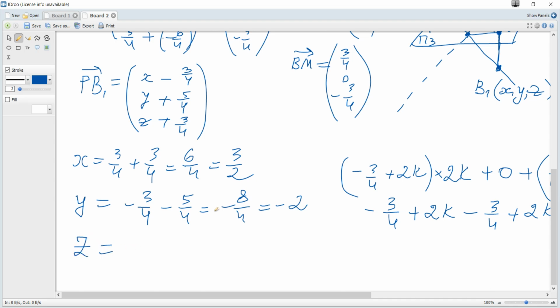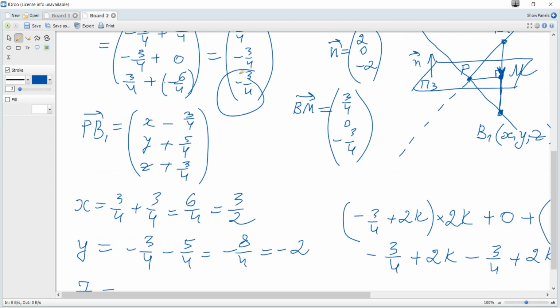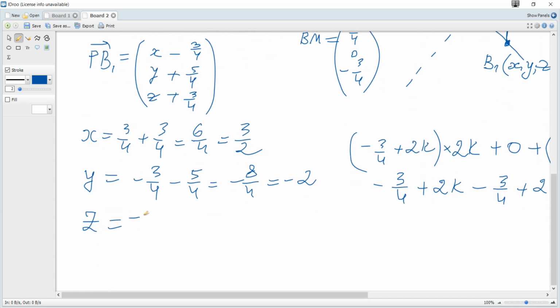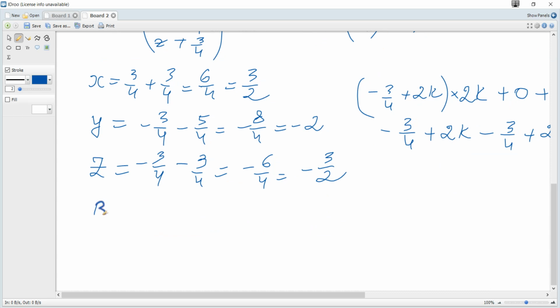And z is -3/4 minus 3/4, which is -6/4, or -3/2. Hence the coordinates of B1 are (3/2, -2, -3/2).